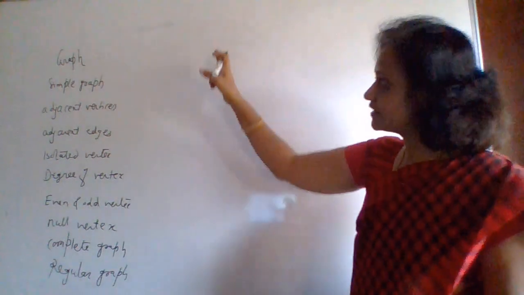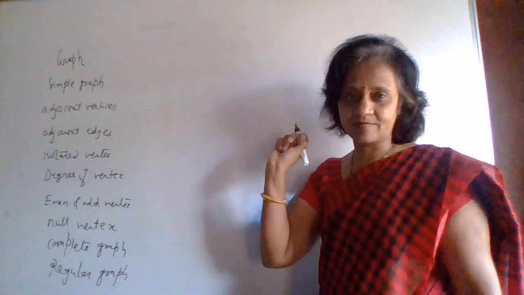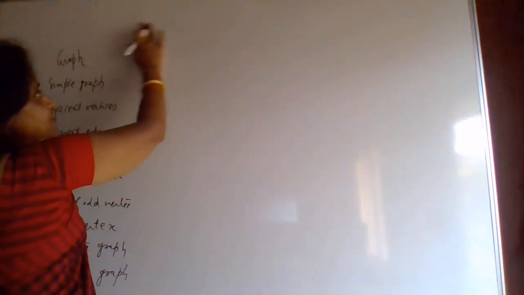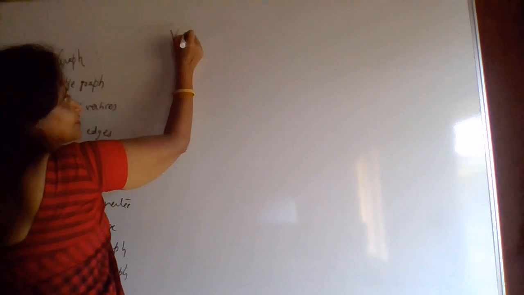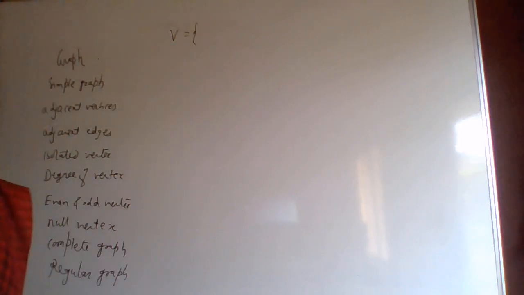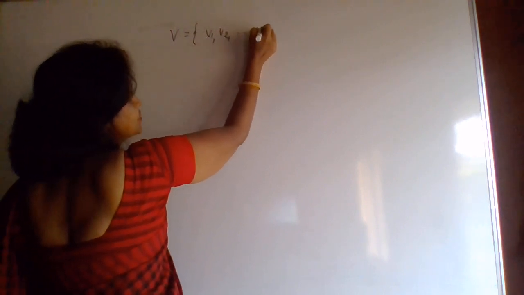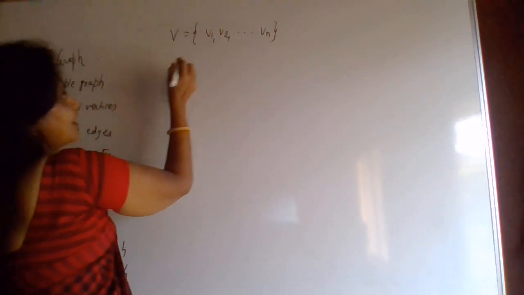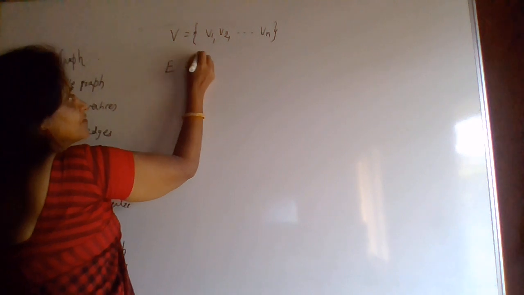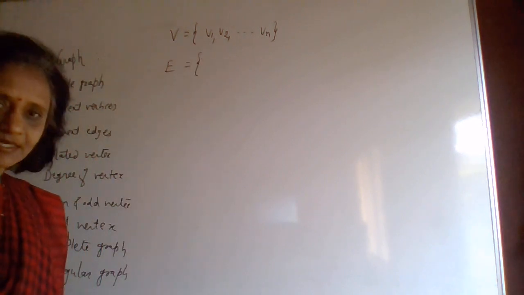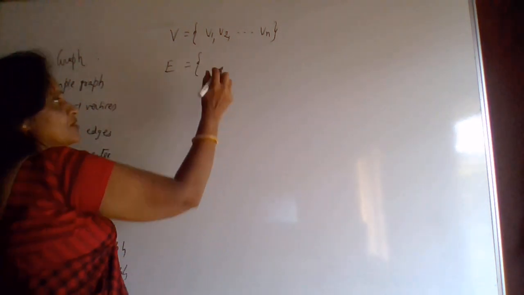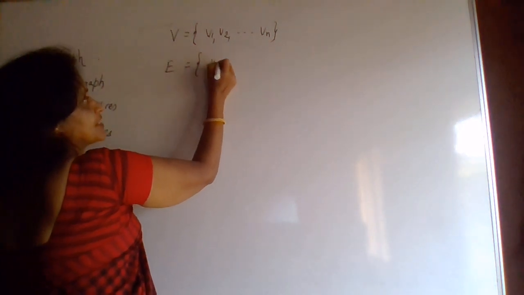So first thing, let's define what is a graph. Now in a graph, first of all, we are going to have a set V. Let's say elements of V are V1, V2, ..., Vn, and we will have a set E which is a two element subset.